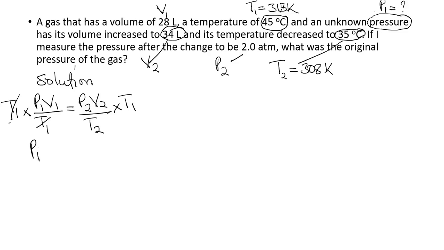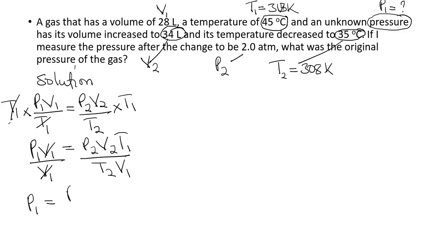I will have P1 V1 is P2 V2 T1 over T2. But I want only P1, so I divide both sides by V1, so that I have P1 is equal to P2 V2 T1 over T2 V1.